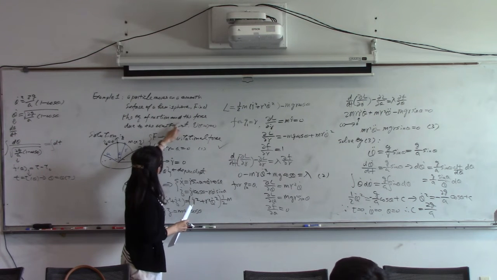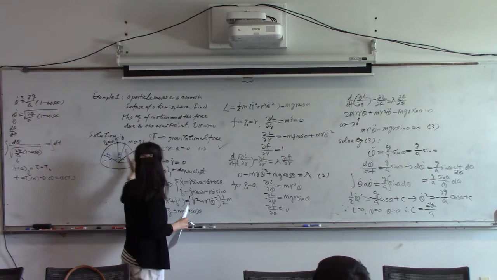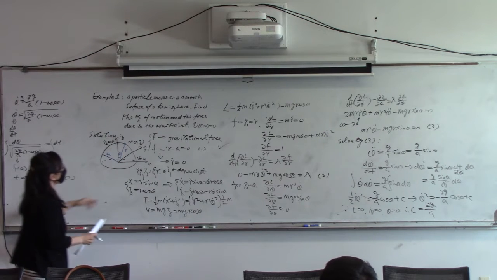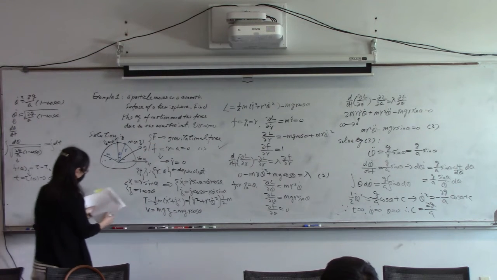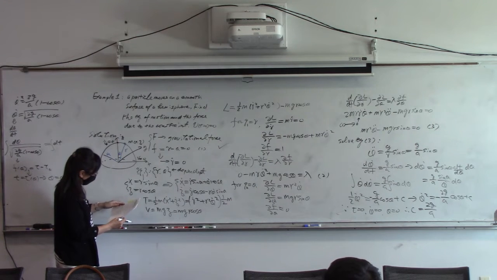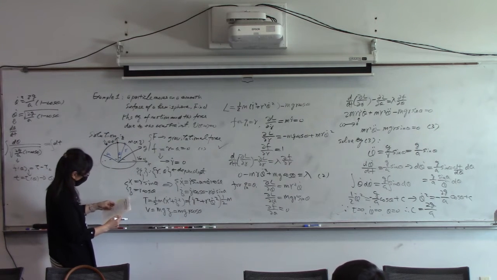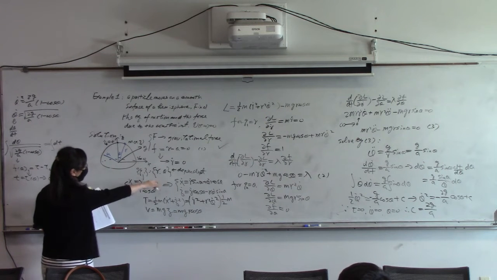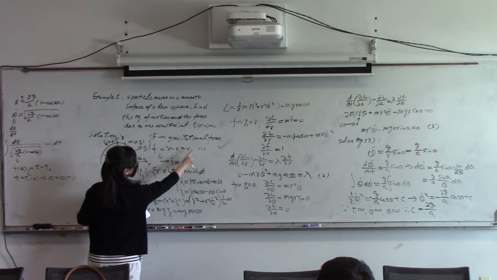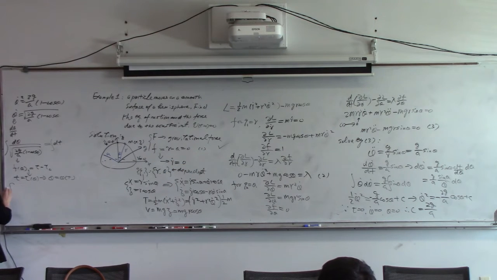Find the equation of motion, right? So that is the angle as a function of time. Now we are going to see another critical quantity, lambda.